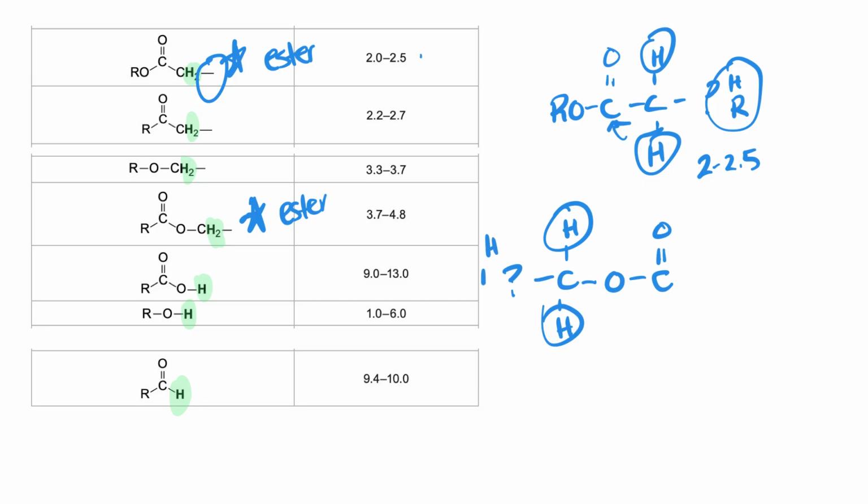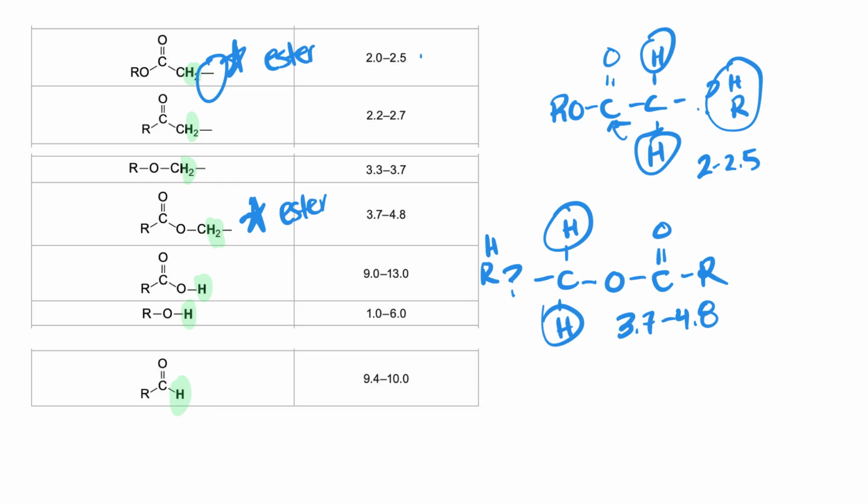It could be a proton, could be an R group, doesn't really matter. But we are looking on the opposite side of the ester group, essentially. And so this is going to give you a chemical shift 3.7 to 4.8. So you have to take a look and really interpret, like, where are the bolded protons and where are they in relation to the functional group.